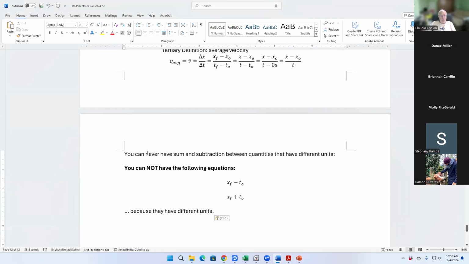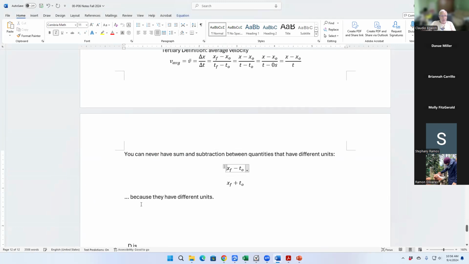That's not correct to subtract t naught from x f. Not allowed. And you cannot sum either, because they have different units. However, you can multiply and divide quantities of different units.